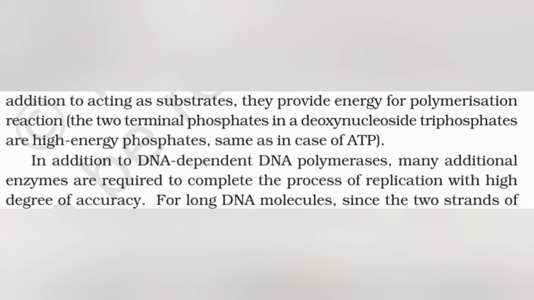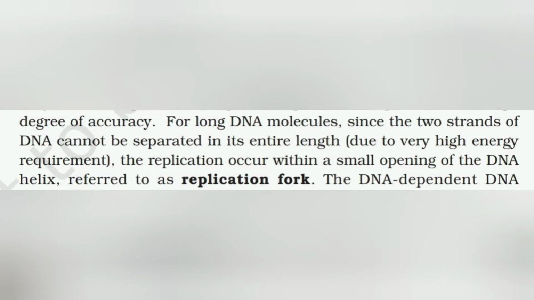In addition to DNA dependent DNA polymerases, many additional enzymes are required to complete the process of replication with a high degree of accuracy. For long DNA molecules, since the two strands of DNA cannot be separated in their entire length, the replication occurs within a small opening of the DNA helix, which is referred to as the replication fork.